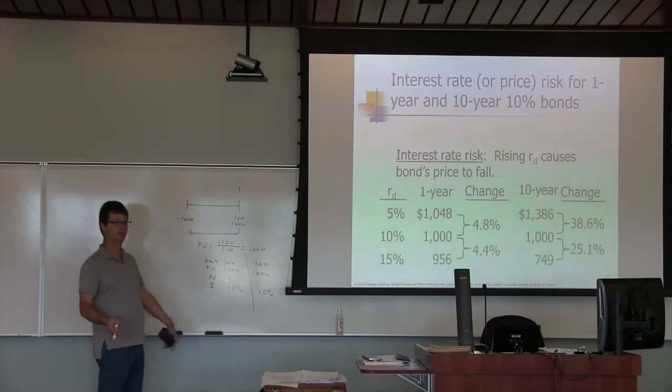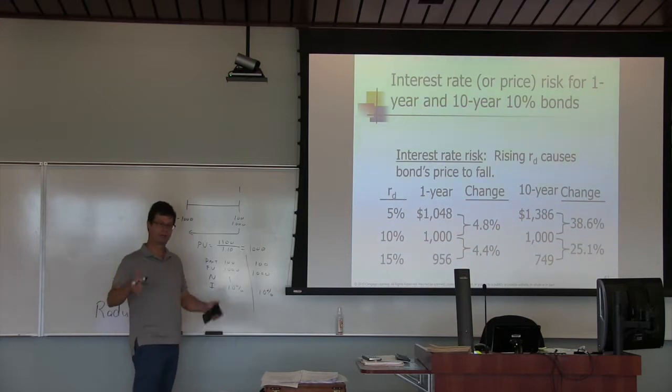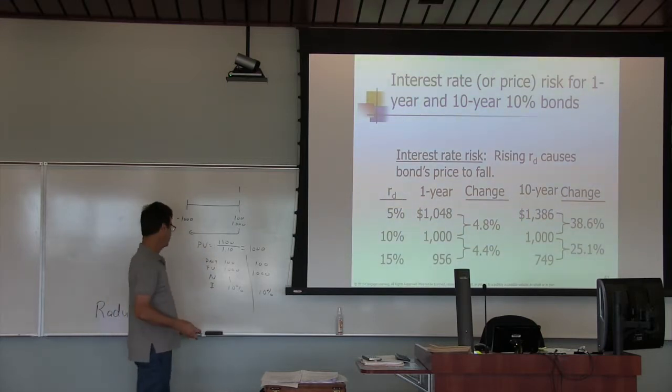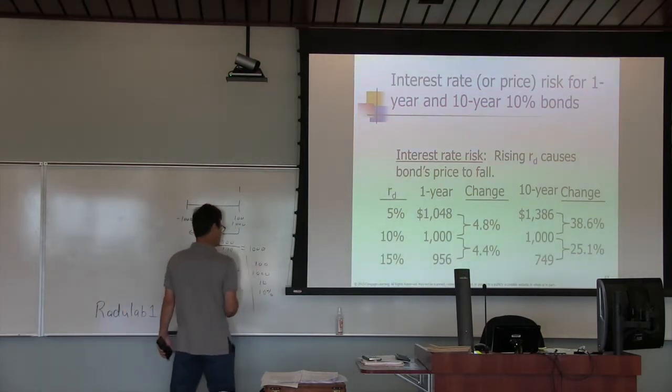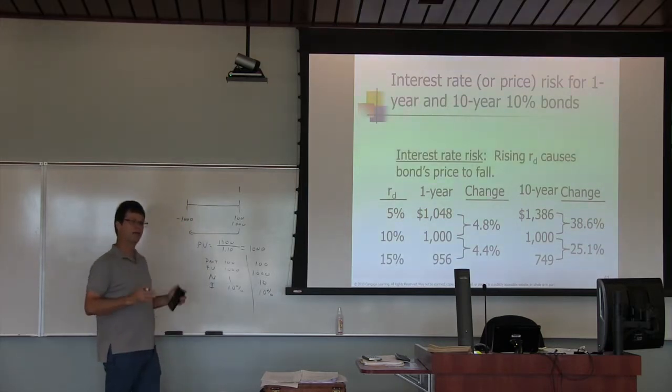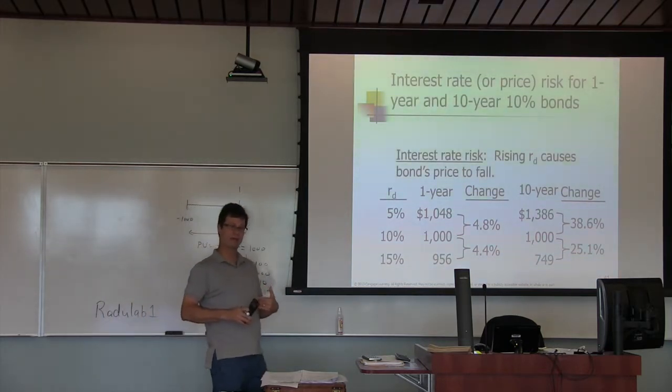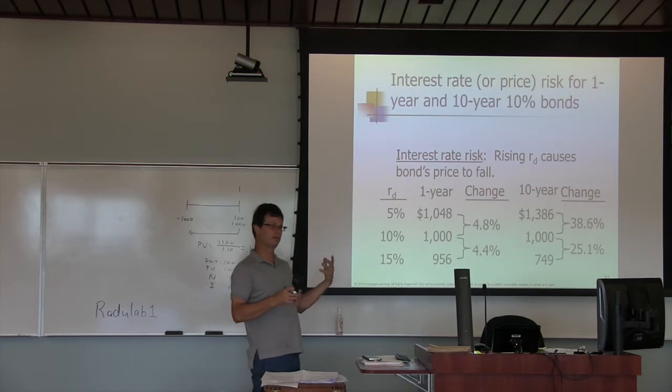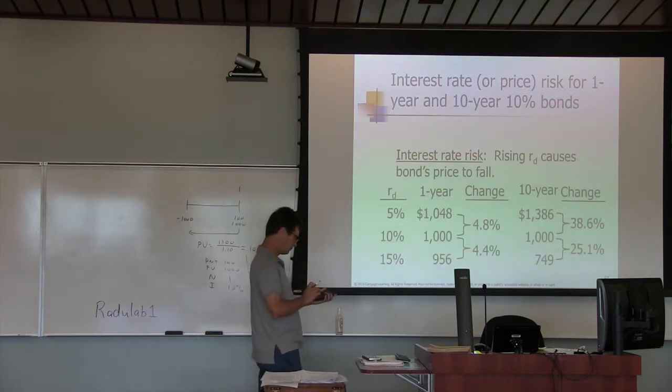Right? It just doesn't matter because the coupon rate and the required return are exactly the same. Right? But let's go ahead and get the 10 in there because now the impact on the present value, the discounting of those future cash flows is different now for the longer term bond.